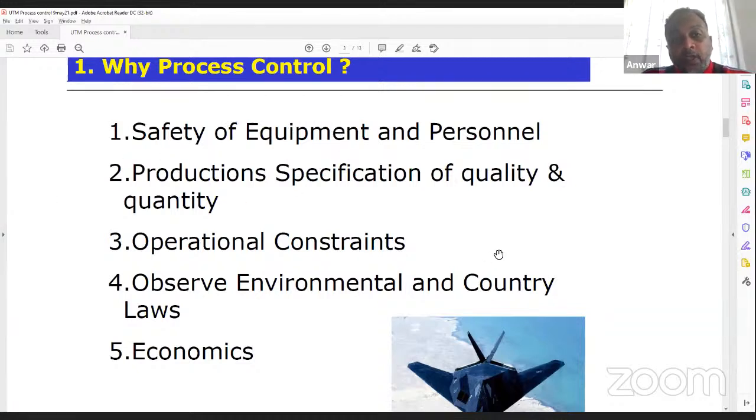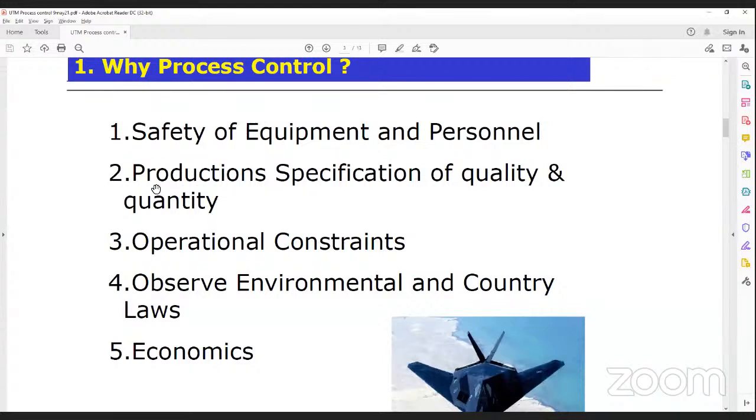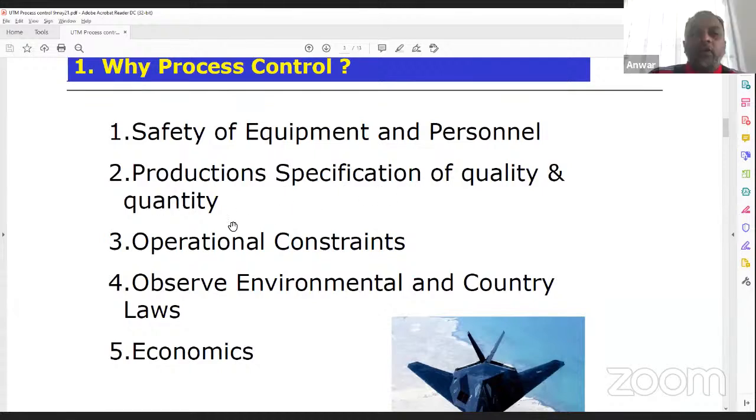Okay. Next will be the production specification of quality and also quantity. This is also why we need process control. After we talk about the safety of equipment and personnel, the next thing is, of course, that industry is meant to make profit.